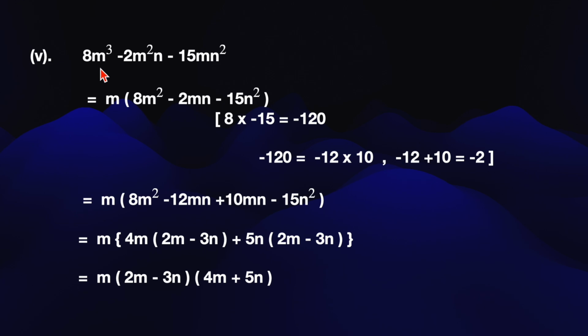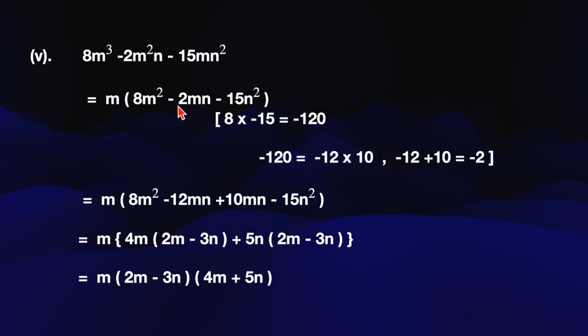Okay, 8m cube minus 2m square n minus 15mn whole square. So here m is a common factor. Take it out like this. Okay, now let's split the middle term. First multiply 8 with minus 15. Okay, we get minus 120, and we have to find two numbers which when multiplied should give us minus 120. 12 into 10 is 120.